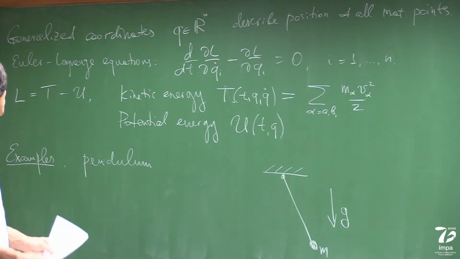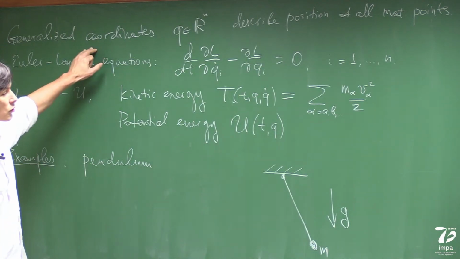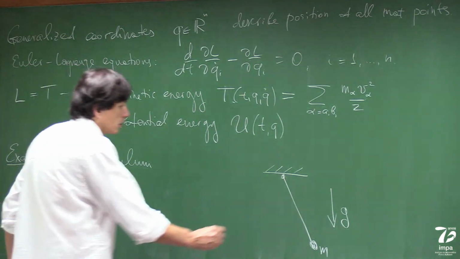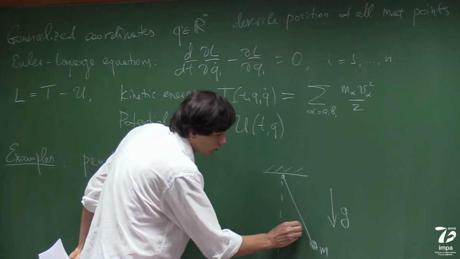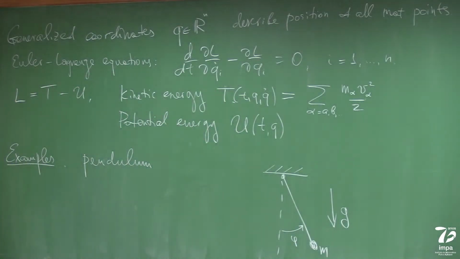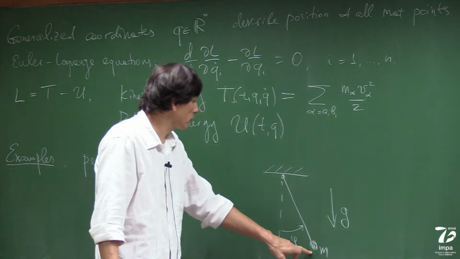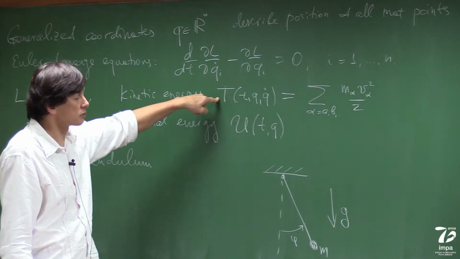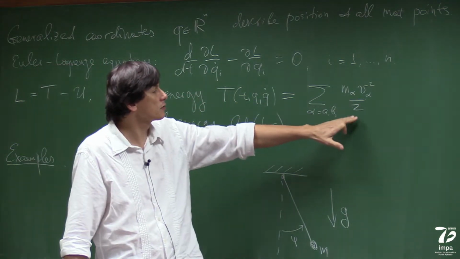So how do you write the equation of motion? First you should find generalized coordinates, a coordinate which defines uniquely the position of the system. So the usual way is to take the angle psi from the vertical position, and of course it defines uniquely the position of the pendulum. Then you need to find first the kinetic energy. Kinetic energy should be the sum of masses by velocity squared by 2.